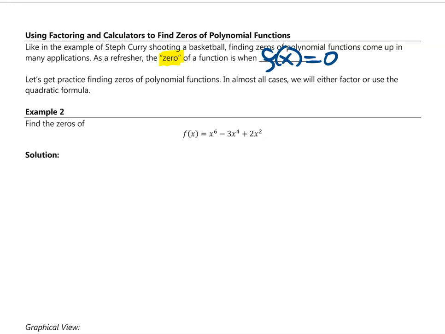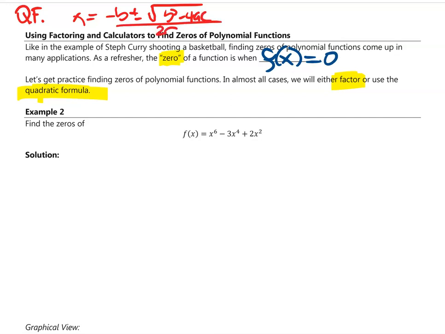In almost all cases, we will either factor or use the quadratic formula. So take note of that, either factor or quadratic formula. Do you remember your quadratic formula? Quadratic formula, that is negative b plus or minus square root of b squared minus 4ac all over 2a.